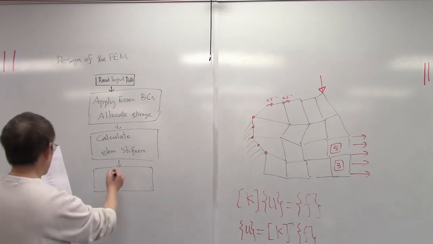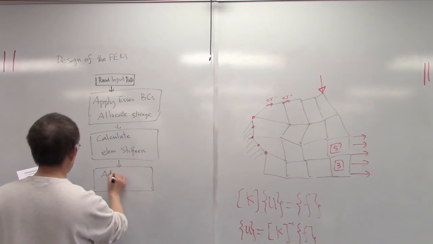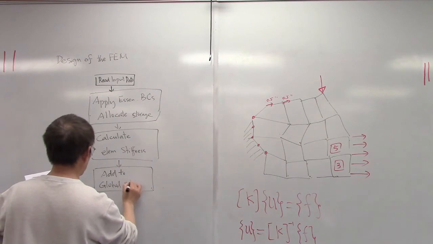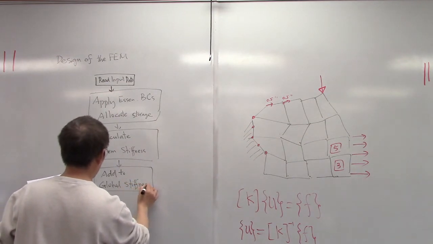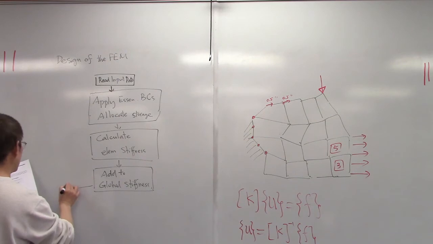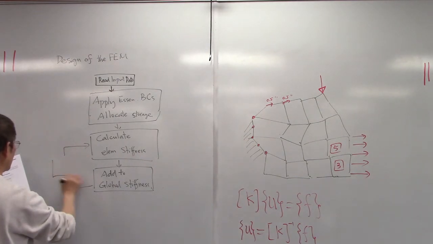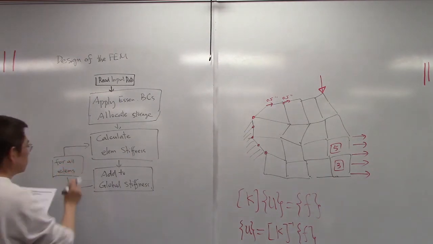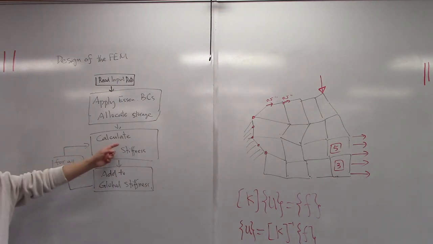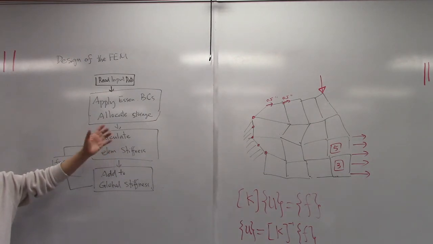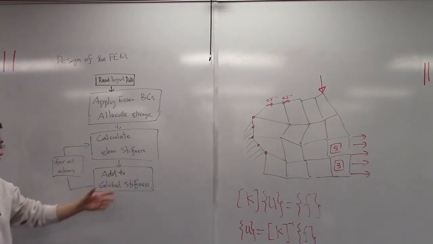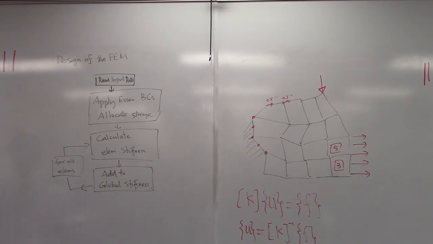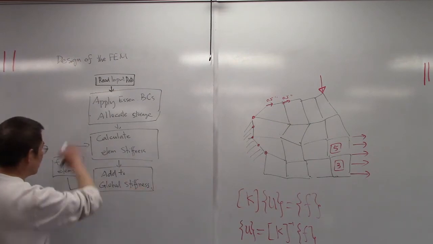Okay, so add to global stiffness, and naturally this is a looping process for all elements. So you start with the first element, calculate stiffness, and dispense all those coefficients into the global stiffness matrix, corresponding position.